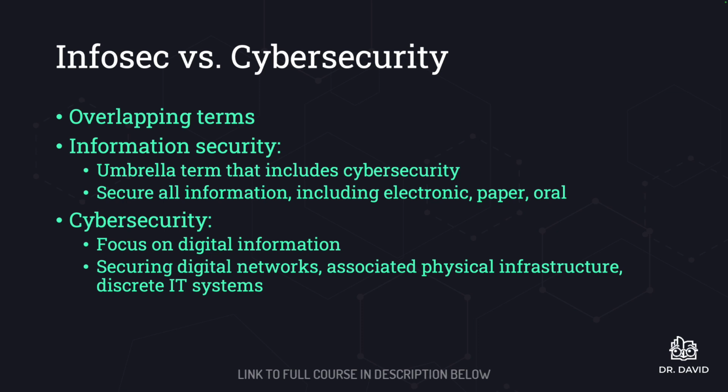Cybersecurity, in contrast, is focused on digital or electronic information. Cybersecurity is concerned with the securing of digital networks and its associated physical infrastructure, as well as discrete IT systems.